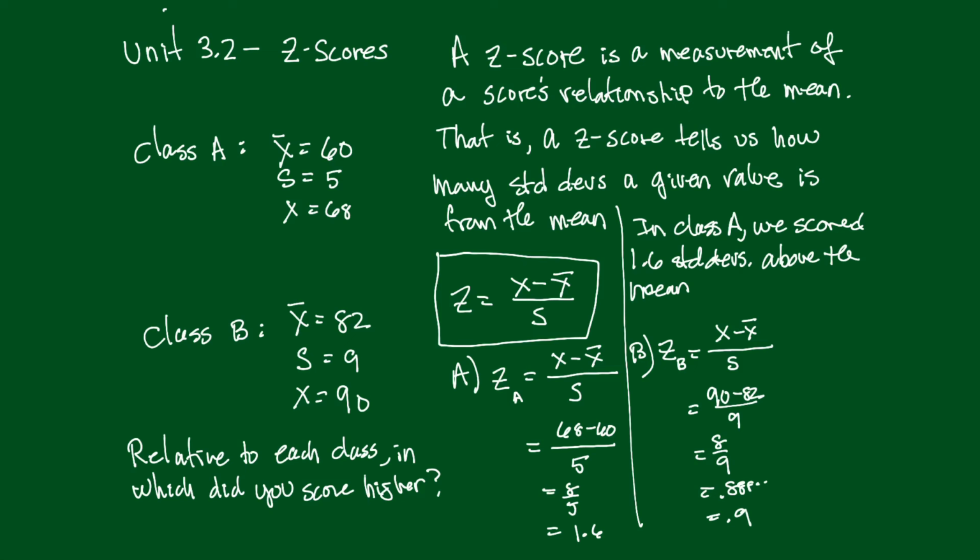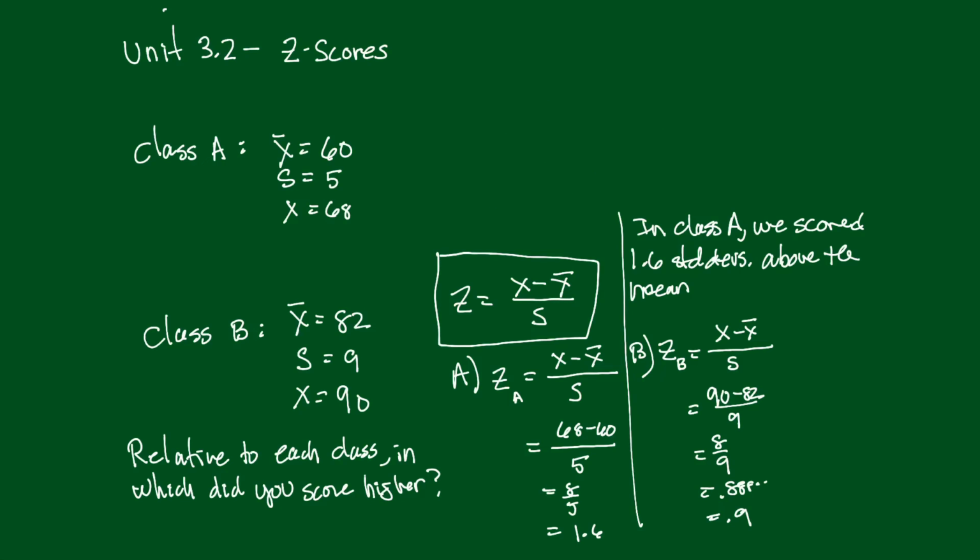So in Class B, we scored 0.9 standard deviations above the mean.